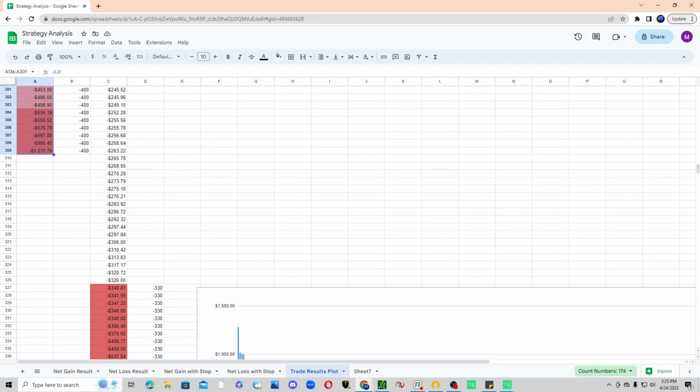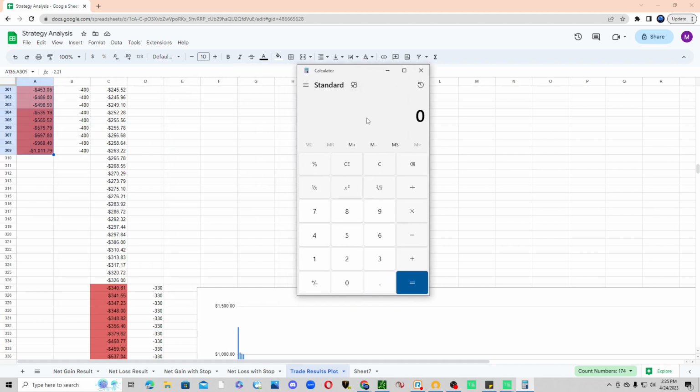So let's do a little math. 174 divided by 5 is going to give me the brackets, the number of results that would be equal to a 20 percentile. So you have your top 20 percentile, your next one, your next one, your next one. Basically, I'm just dividing this by 5 to estimate what that is. It says 34.8.